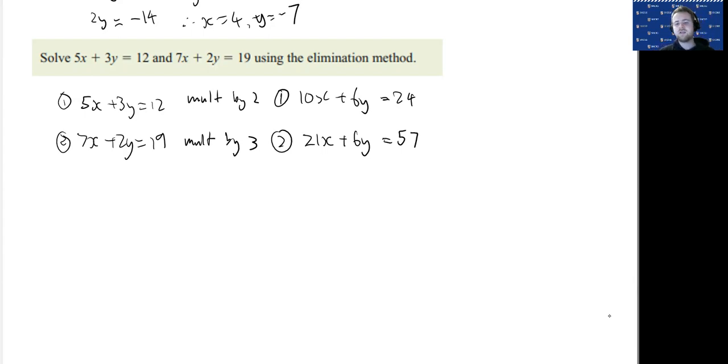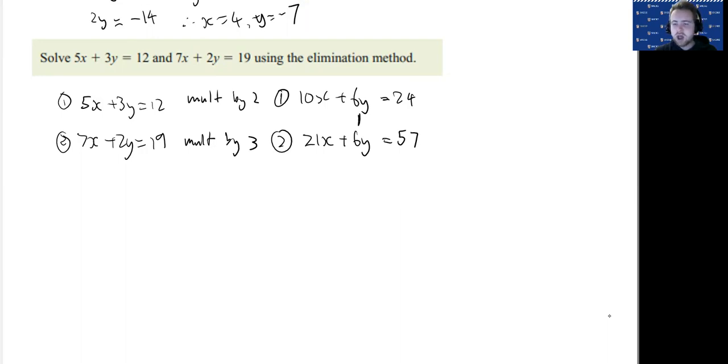Okay, use your calculator if you need to. Multiply 3 by 19, you get 57. Okay, so the reason why I multiplied the top one by 2 and the bottom one by 3 is so that you can see here, my y's now have the same coefficient. Okay, I've got plus 6y and plus 6y.